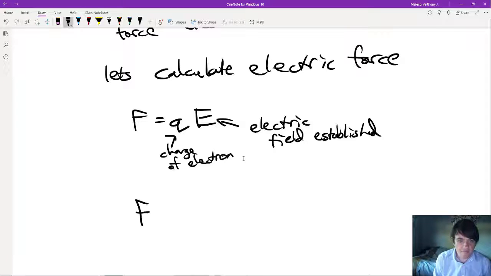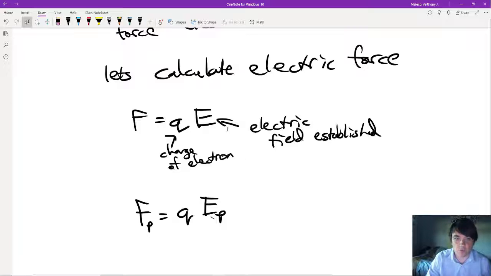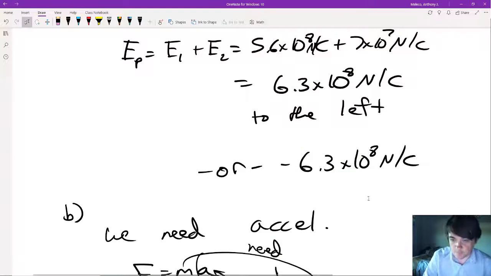So F at point P equals Q times the electric field, which we just calculated right here.